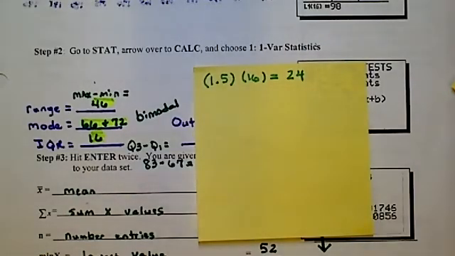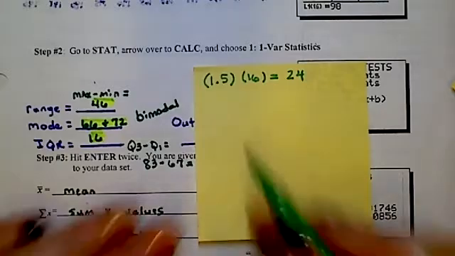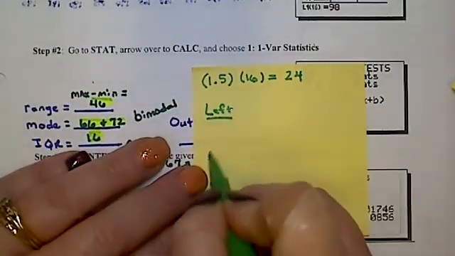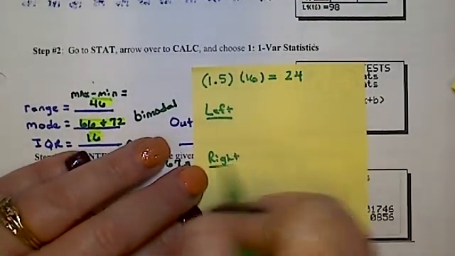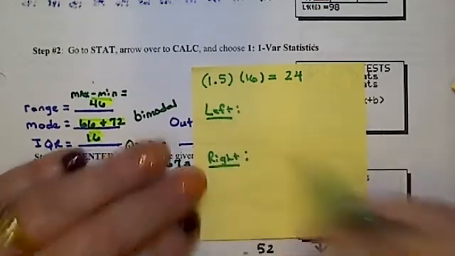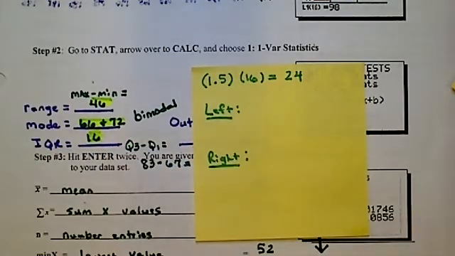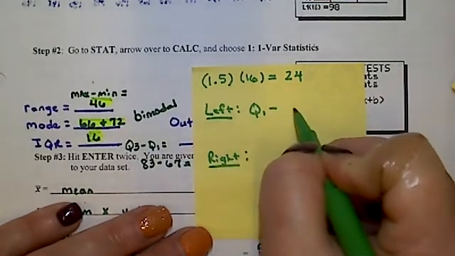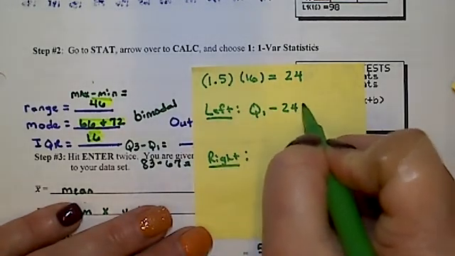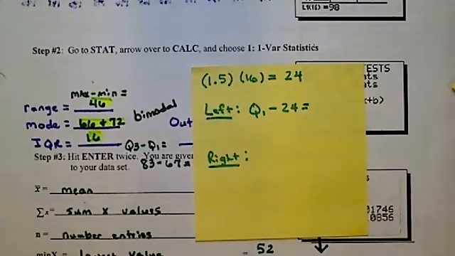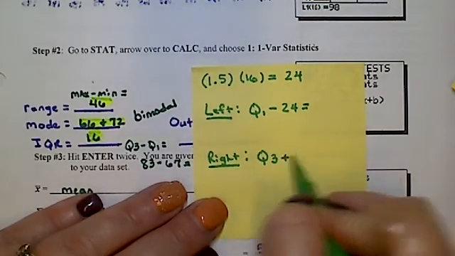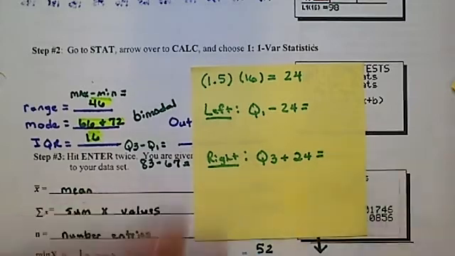We want to look to the left and to the right. Remember when you're looking to the left, you're going to take your Q1 and you're going to minus that 24. Then you're going to look to the right. So you're going to do your Q3 and you're going to add that 24.